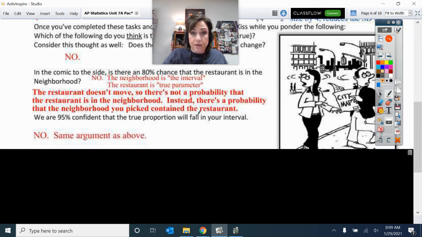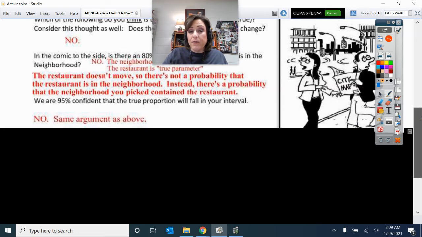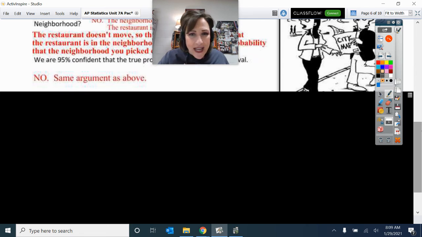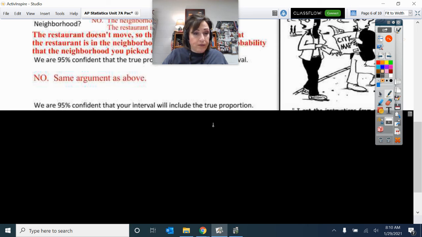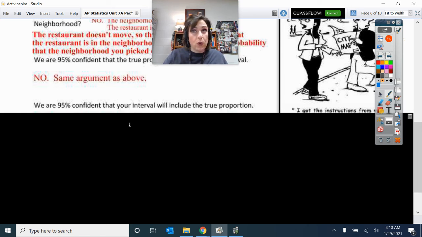No, same thing as above. No, we're 95% confident, or in this case, it should have been 80% confident, sorry about that, that the interval was in a place to capture that true population amount. Okay. We are 95% confident that your interval will include the true proportion.